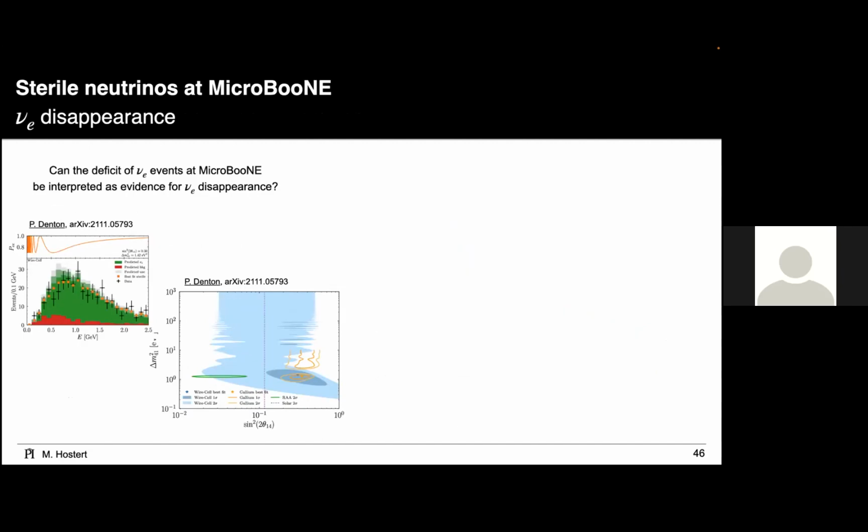The other point was made by a paper that appeared slightly before ours, claiming that we have this sample with lots of different deficits in the data compared with backgrounds. Now the backgrounds in MicroBooNE come mostly from genuine nu_e in the beam, from the contamination. So perhaps you have nu_e disappearance, and that's what explains this deficit.